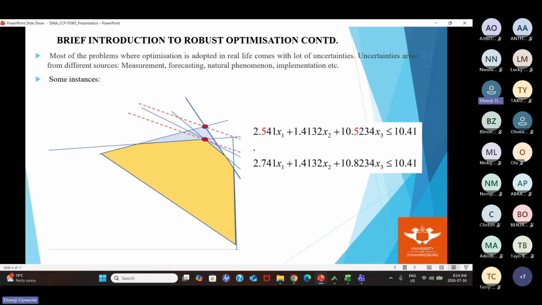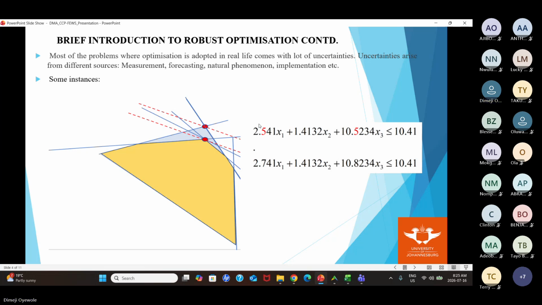Take, for instance, here I have two conditions. I have this, which is 2.541x1 plus 1.4132x2 plus 10.5234x3 is less or equal to 10.41.